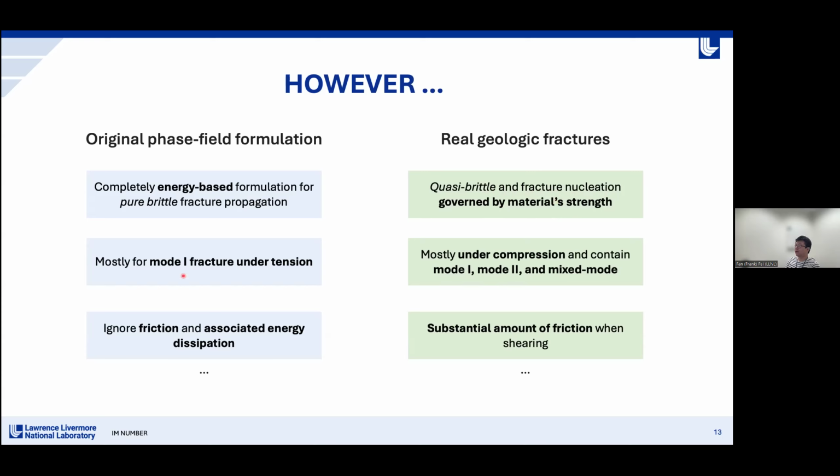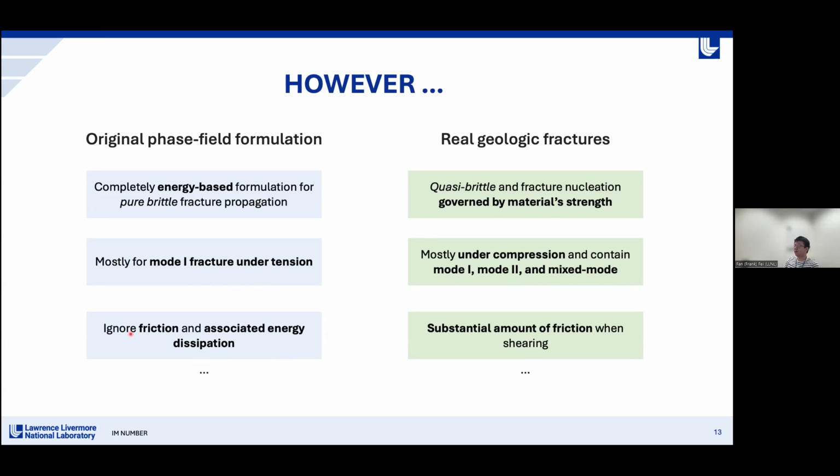Also, most phase field modeling focuses on mode 1 fracture under tensile loading, but geological materials are mostly under compression, and therefore different fracture modes, including mode 1 and mode 2, and even mixed-mode patterns can be observed in rocks under compression.